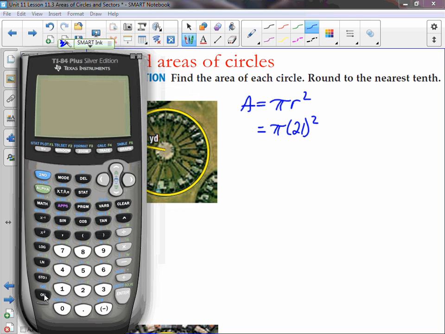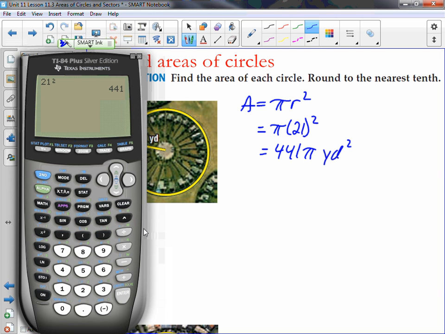All right, so let's see. 21 squared is 441. So it's 441 pi square yards. But they do tell us to round to the nearest tenth. So if the directions call for an exact answer, that's the exact answer, 441 pi. The answer this set of directions call for is to the nearest tenth.